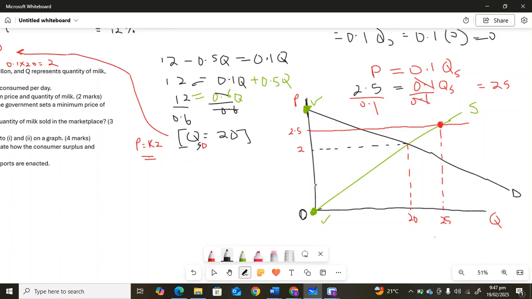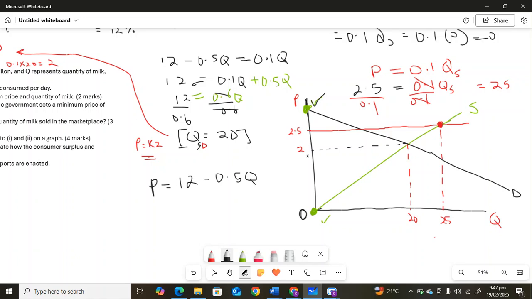Then the second value we need to find is this one here, the one I've ticked, dealing with the demand function. With the demand function, which was P equals 12 minus 0.5 Q, equate Q to 0.